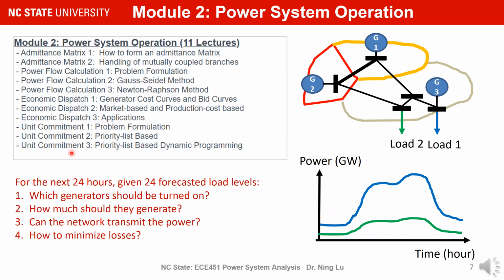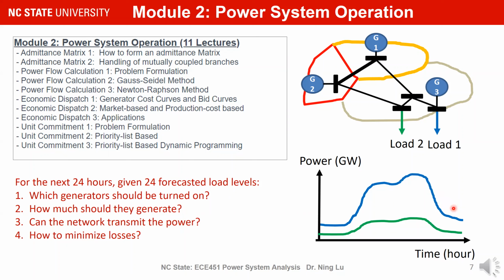You won't learn really complicated optimization methods, but we'll use simplified algorithms for you to learn how we can schedule the generators a day ahead for each hour. And then when each hour comes, when the load starts to vary, how we are going to use economic dispatch to send this difference to each generator so we can meet the real-time variation of the load.